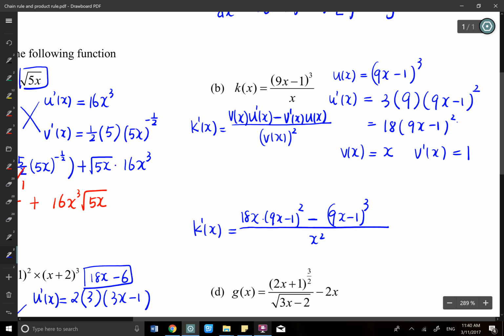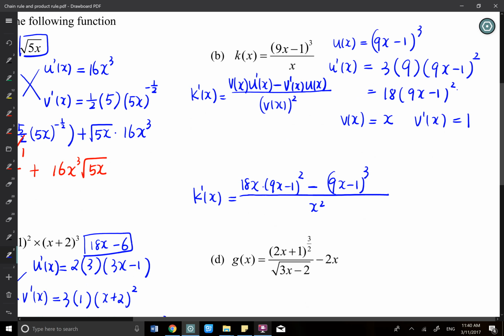Minus 1 cubed. Well, I can simplify that a little because they have 9x minus 1 as the common factor. So it's (9x minus 1) squared, and then this one has 27x, and I will minus the bracket 9x minus 1, then over x squared.